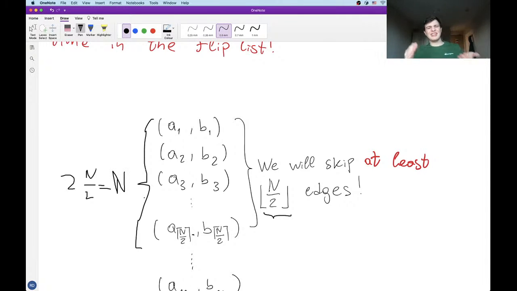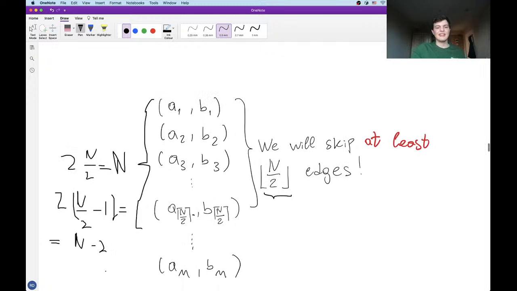However, maybe it would have been easier to explain what happens on the n/2 minus first prefix. There we will have 2 vertices for every edge, multiplied by n over 2 minus 1, because that's the number of edges. Looking at this prefix, we have n minus 2 vertices there.